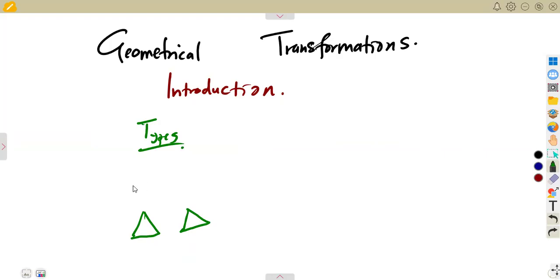So when the shape is transformed from the object to the image, the two figures are congruent at the end, meaning to say same shape, same size.